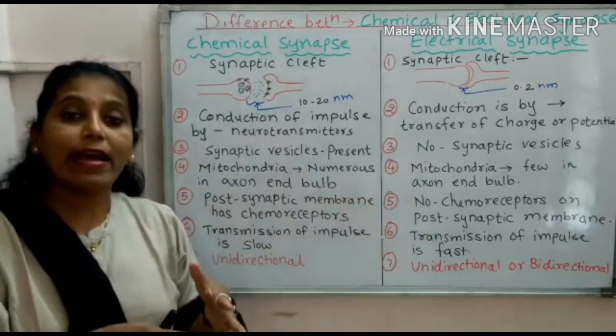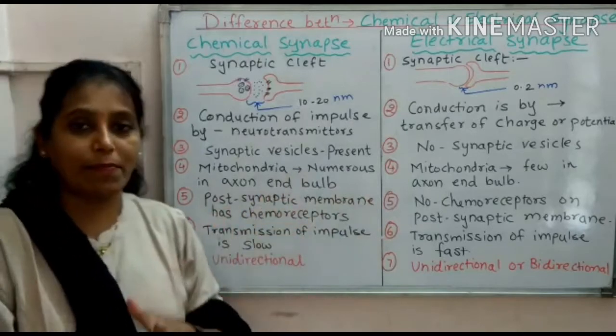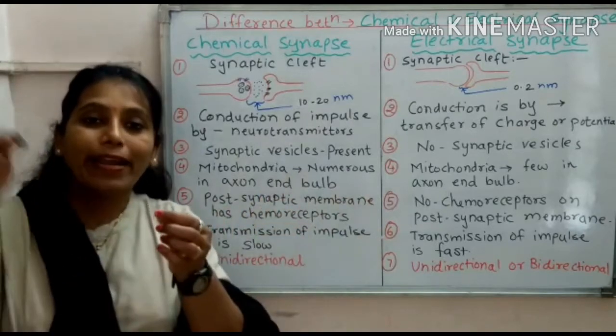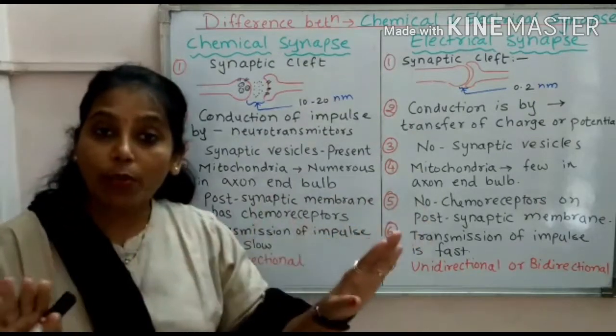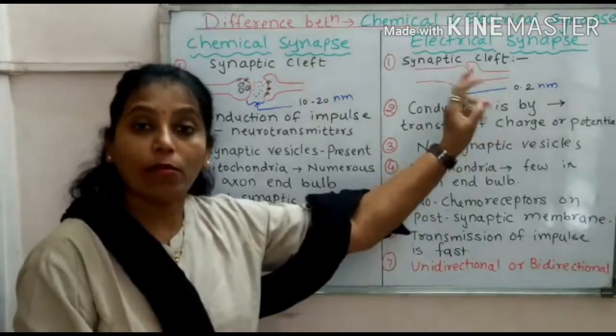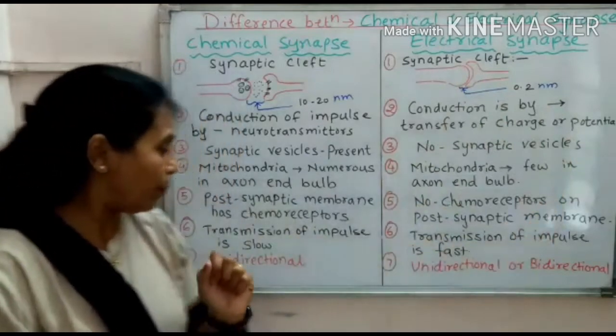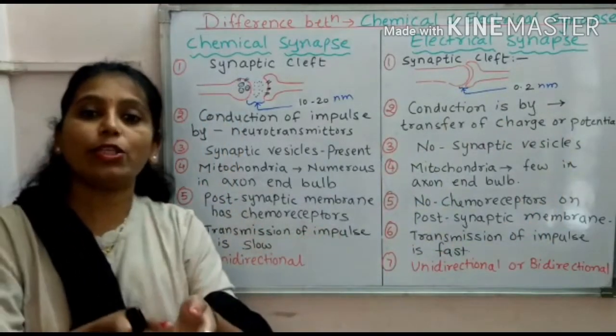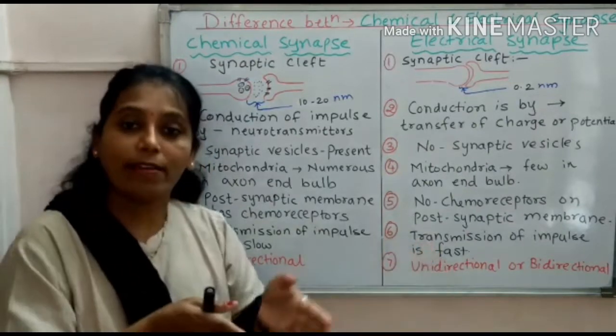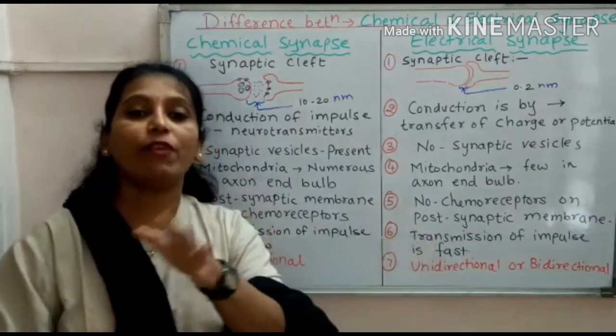Postsynaptic membrane has receptors, chemoreceptors. For what? To identify that neurotransmitter. But here no chemoreceptors are present on the postsynaptic neuron. Here the transmission of impulse is very slow, and here the transmission of impulse is very fast.